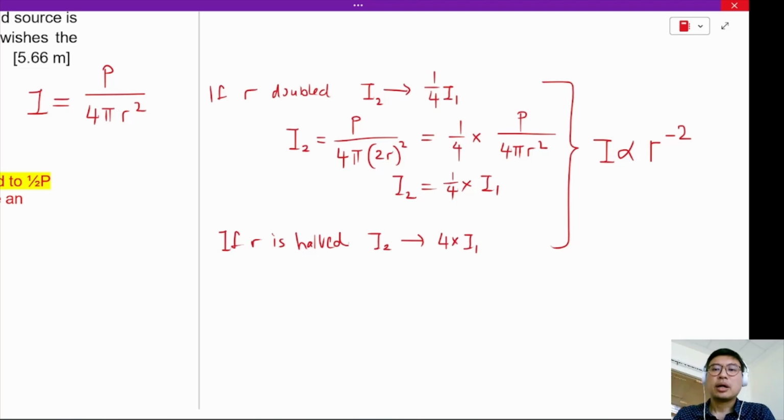Okay, now, how do we make use of this? We can also make use of this in the opposite way. R is proportional to intensity to the power of -half. Okay, so basically 1 over square root of intensity.